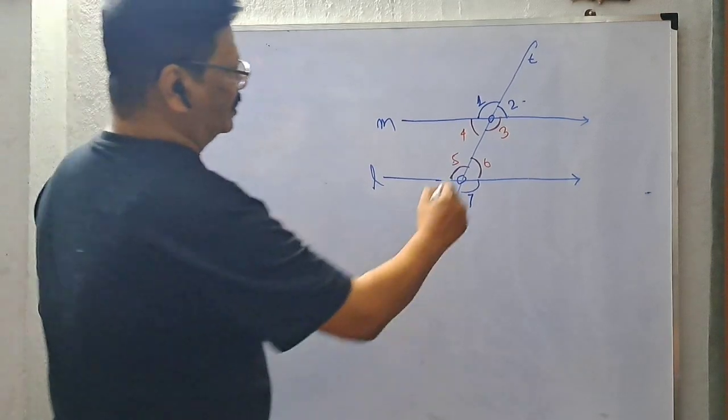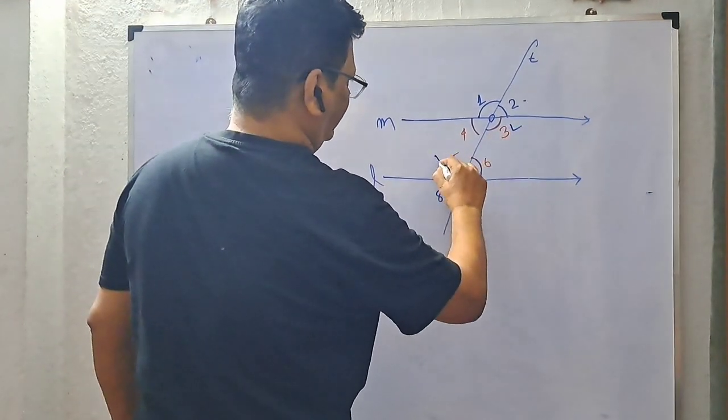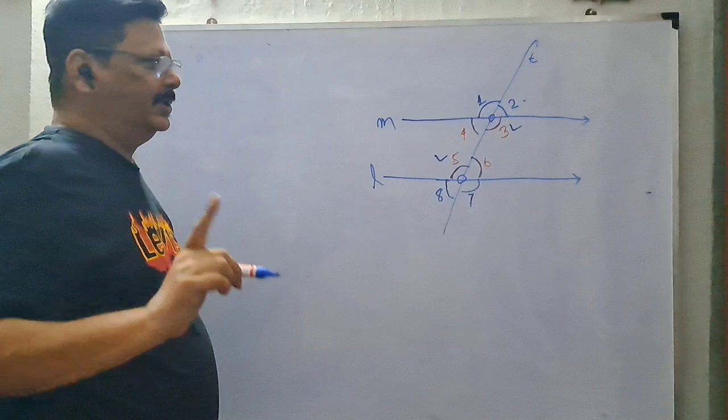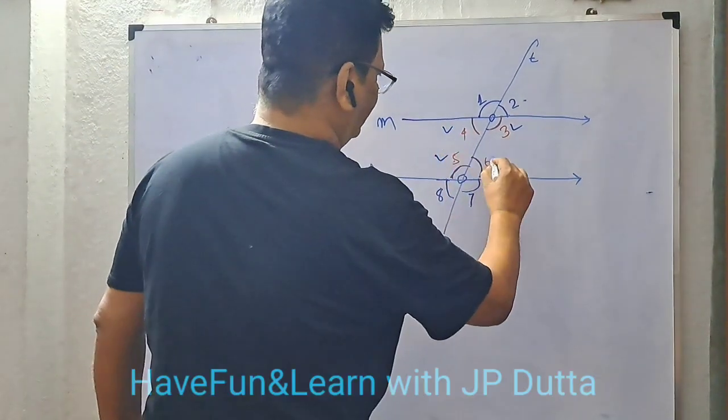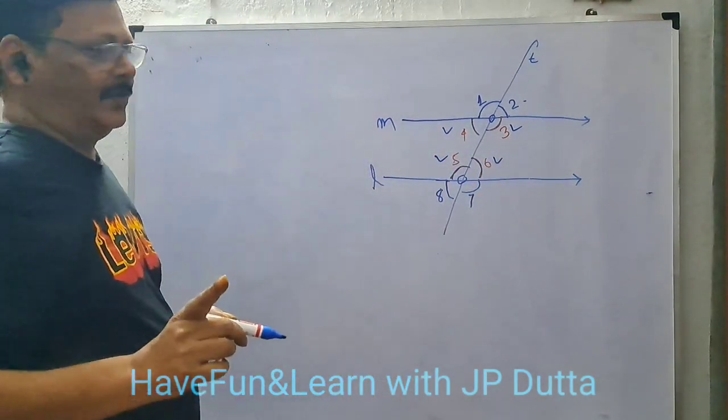This and this is one pair of alternate angles, and 4 and 6 is the second pair of alternate angles.